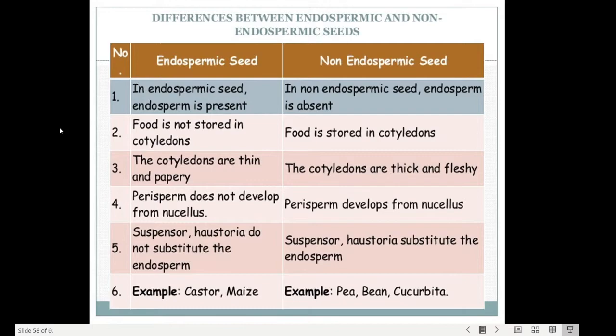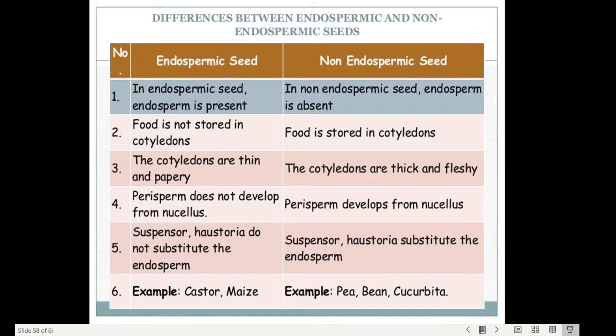Based on the presence and absence of endosperm, we have different types. In the endospermic type, food is stored in the endosperm, but in the non-endospermic, the food is stored in the cotyledon. The cotyledons are within a thin layer in one, but thick layers in the other.